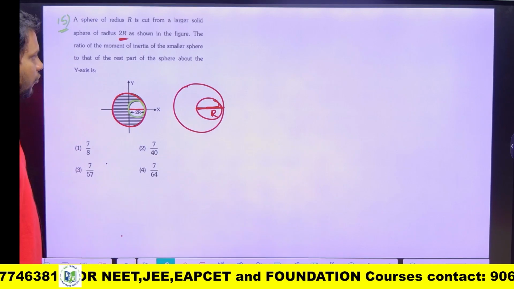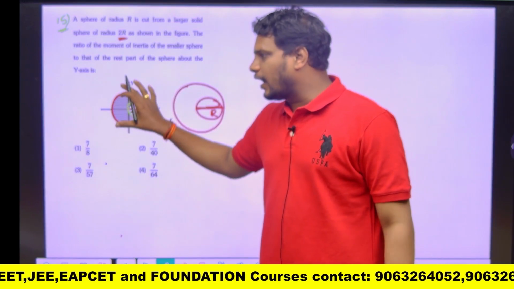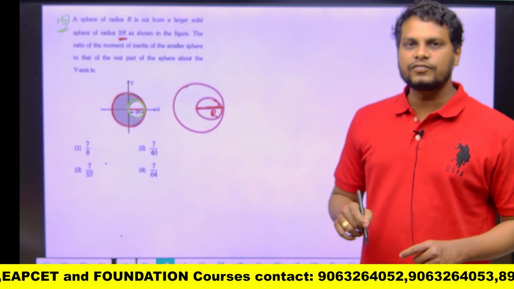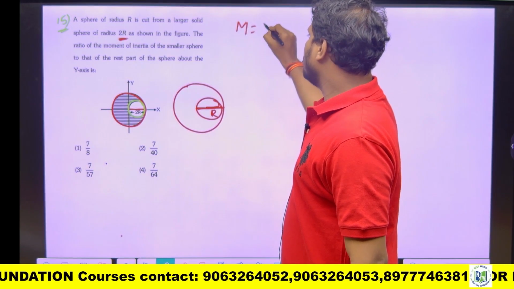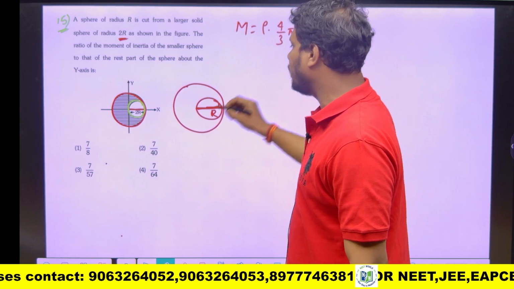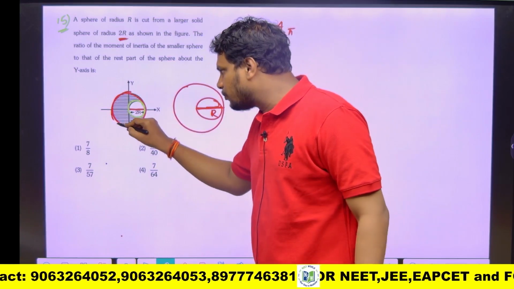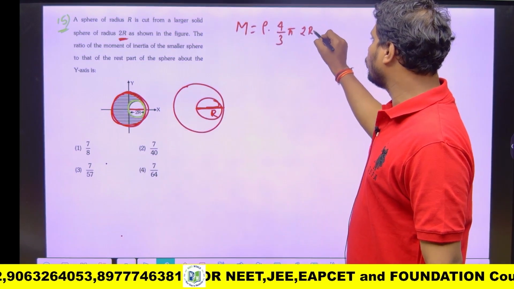So first let us find the mass of the actual sphere and the mass of the removed sphere. How to find the mass of the actual sphere? Density into volume. Volume can be taken as 4 by 3 pi, and the radius of the big sphere, or original sphere, is 2r, so that is 2r whole cube.